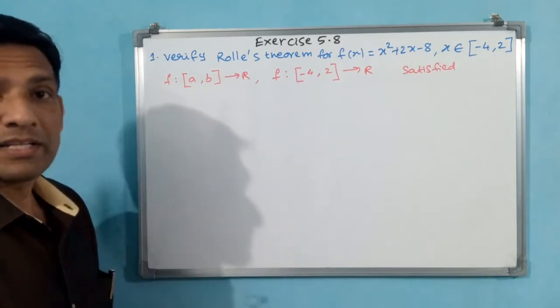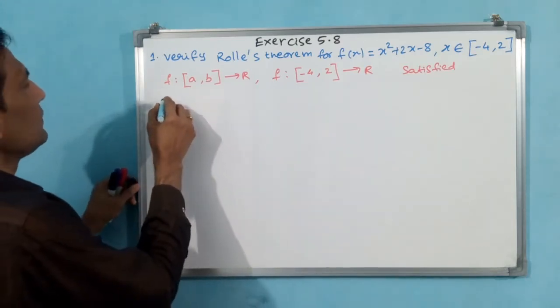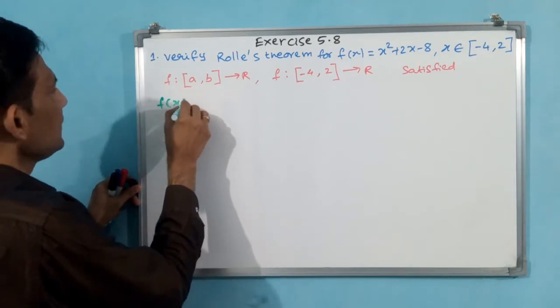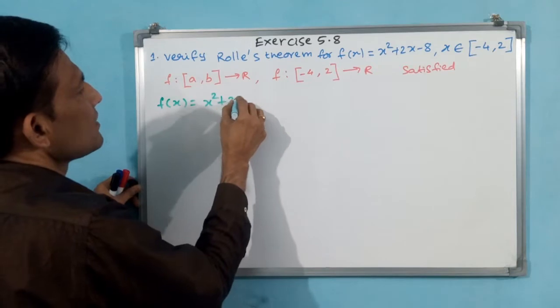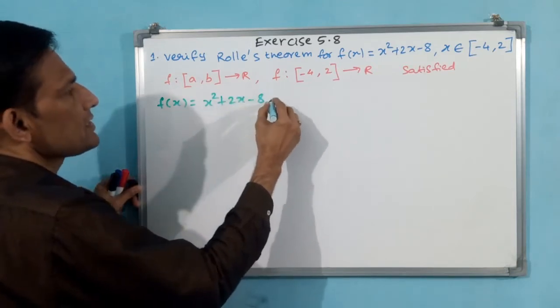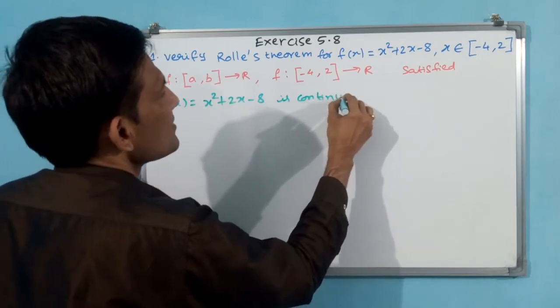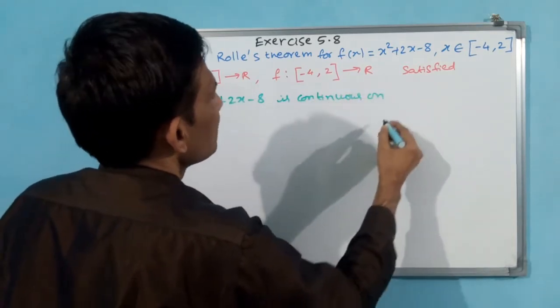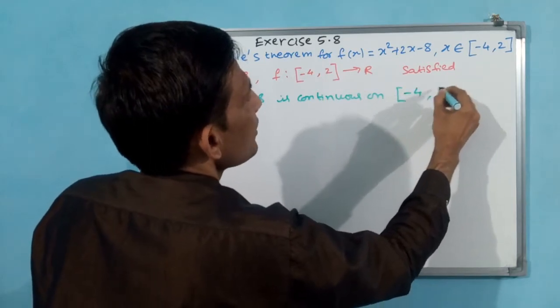Second condition is continuous. Okay, let us write. f of x is equal to x square plus 2x minus 8 is continuous on closed interval minus 4, 2.